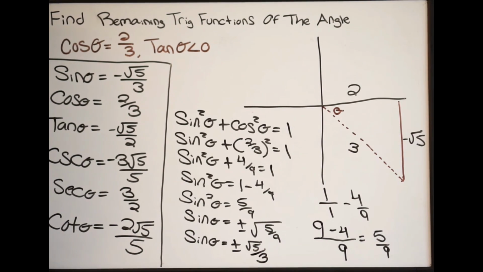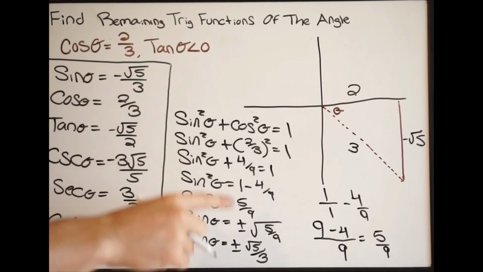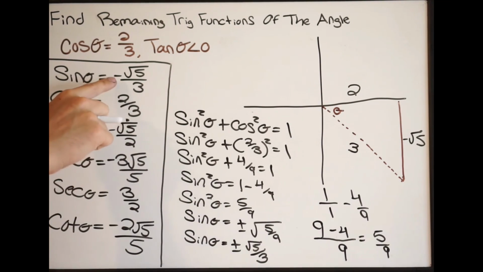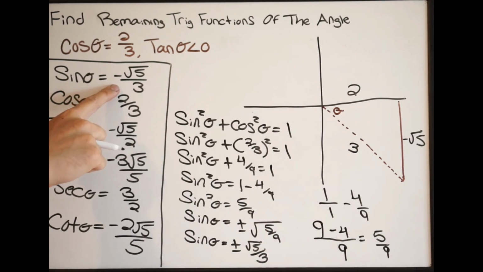So you can see here, we just figured out what sine theta was, right? Again, you would have to determine that you're going to use the negative one here. We went over how to do that. Okay, and you can see that we get the same thing here. And at this point, you would just continue on finding the remaining trig functions of the angle. Okay, so those are 2 different options that you can use. All right, and that is it.